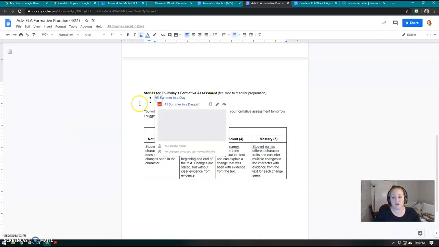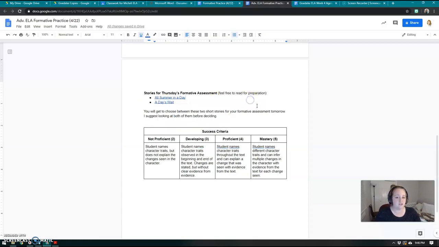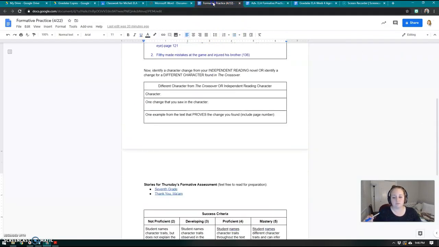So you just have 2 different stories based on what you guys have read. ELA 7 already read one of these stories earlier, and Miss Kostick and I picked these out accordingly. So I would highly suggest that you go and take a look at those stories before tomorrow.